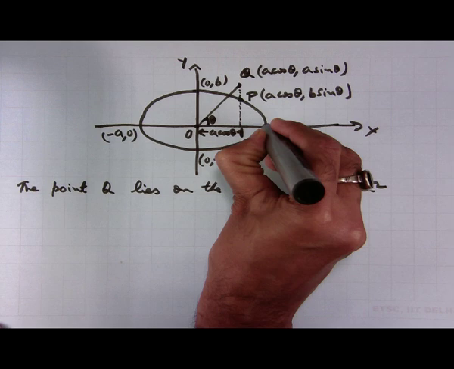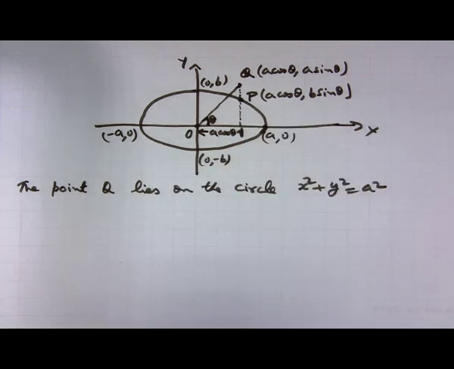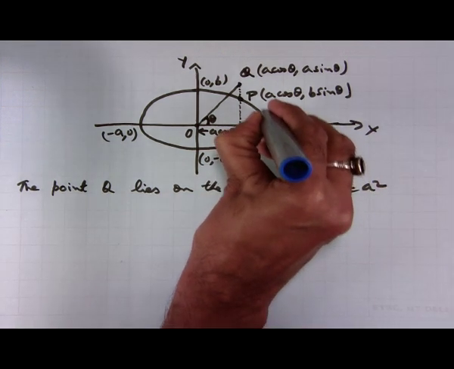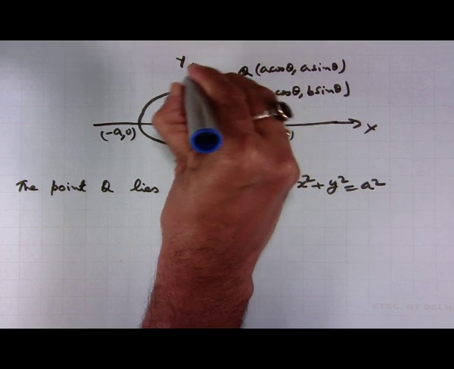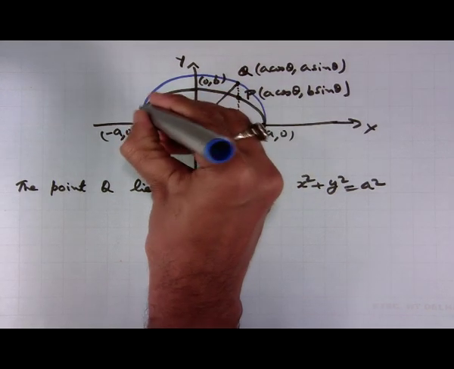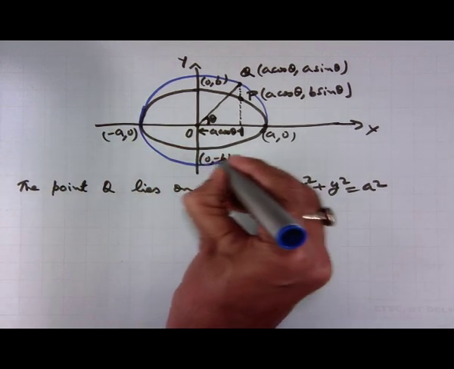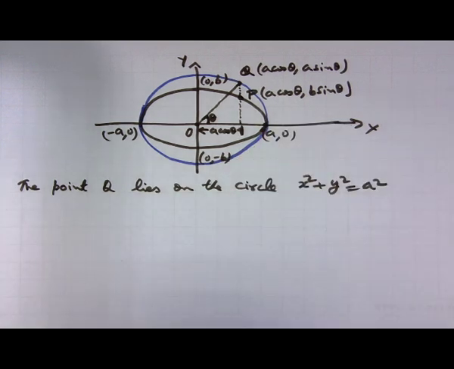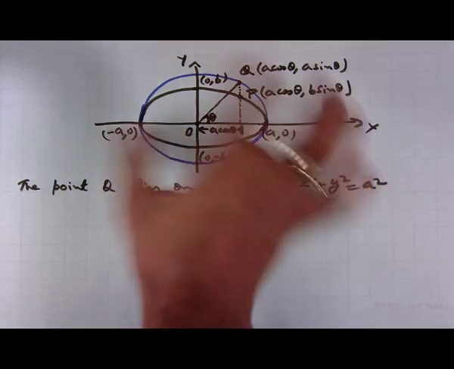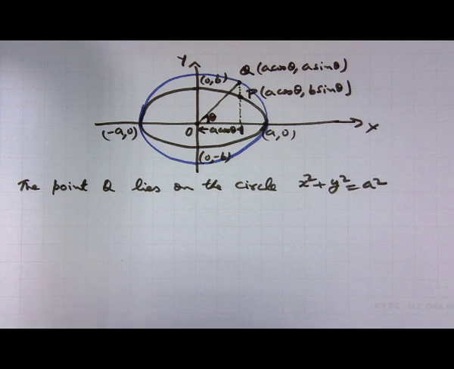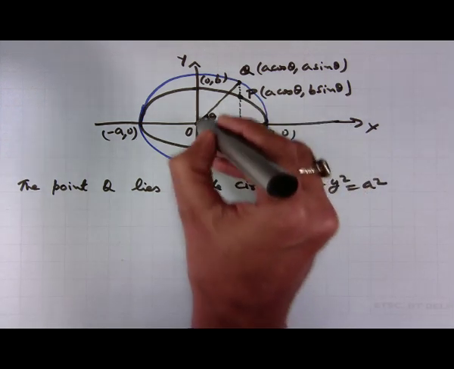So, if I draw this circle, this is the circle which has radius equal to a and center is same as center of the ellipse.